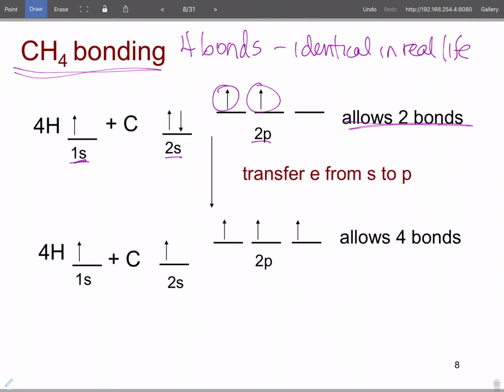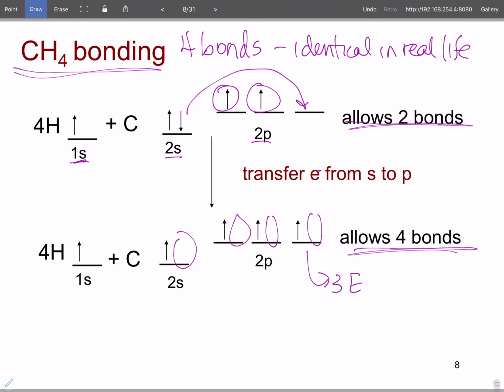So what do we do? We need to transfer an electron from the s to the p. So we pop this one up here. And then we've got 4 areas that we can bond. So that allows 4 bonds. The problem is you'll have 3 of this energy and 1 of this energy.